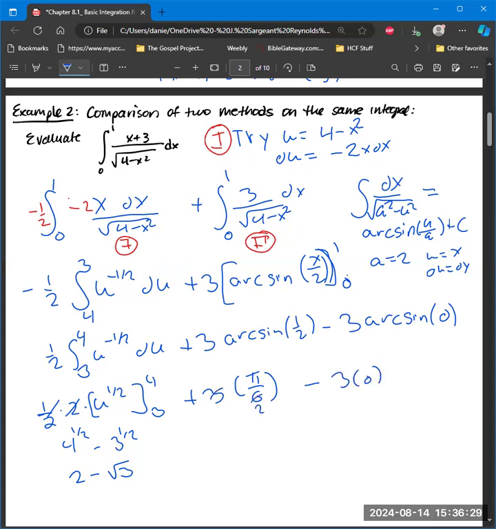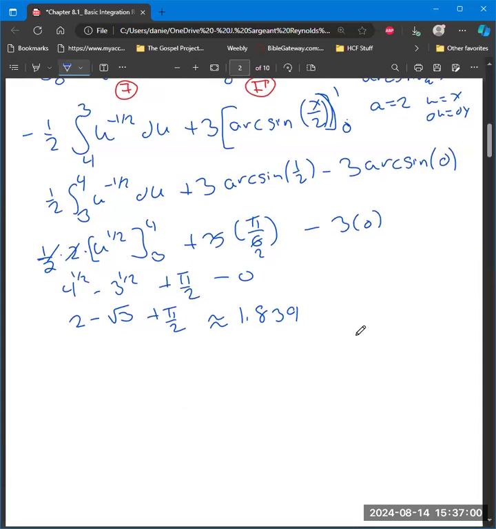So that's plus pi over 2 minus 0 is plus pi over 2. So my overall answer here is going to be 2 minus the square root of 3 plus pi over 2. And that's going to be about 1.839 if we approximate that.